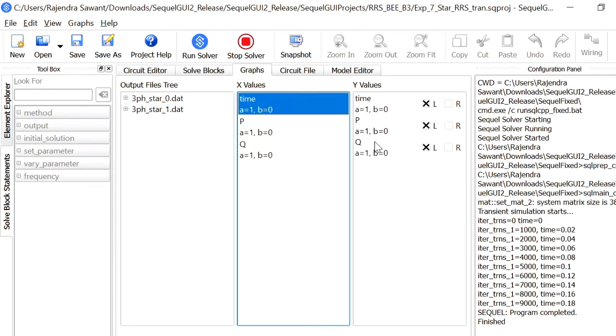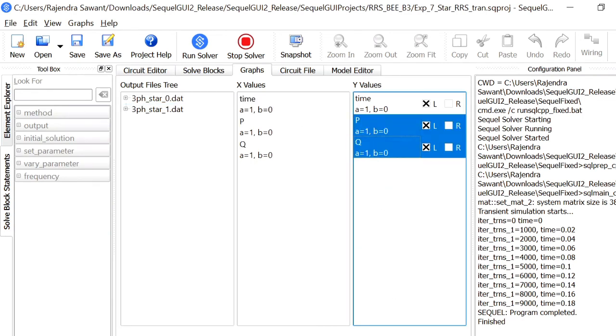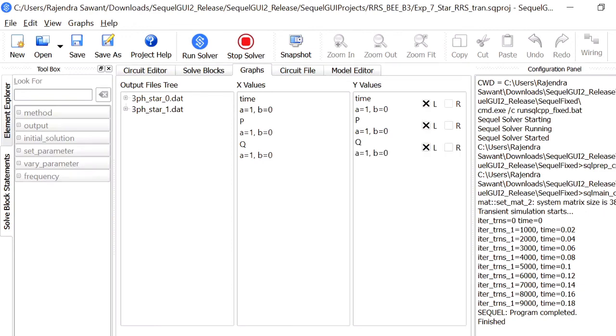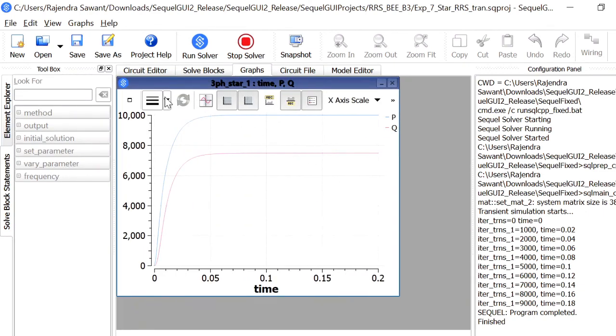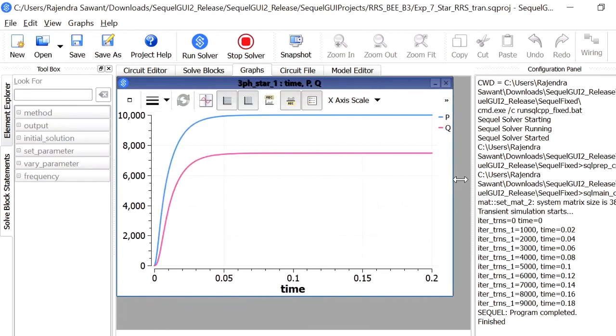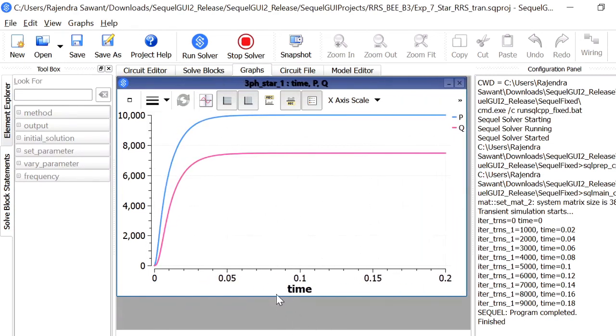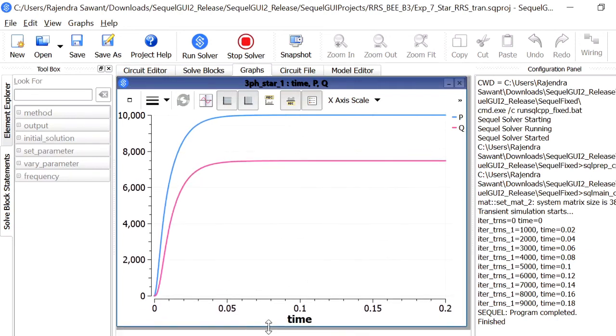Let us look at the power drawn by this system. These are the graphs for the power. They show that the active power, the blue one, has turned out to be 10 kilowatt, which is apparent from the graph.